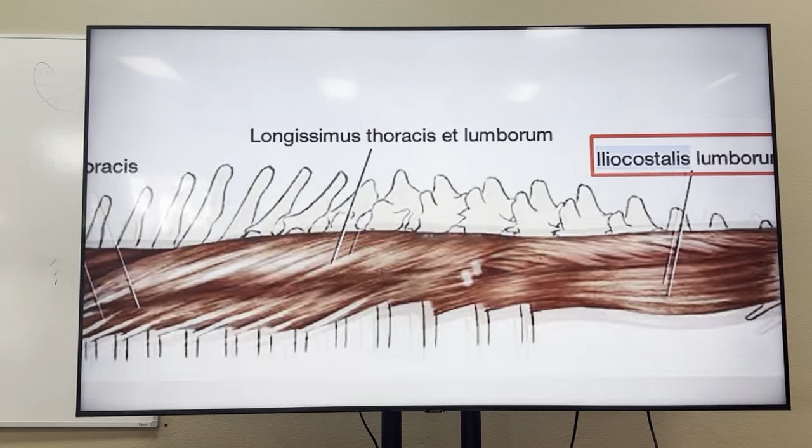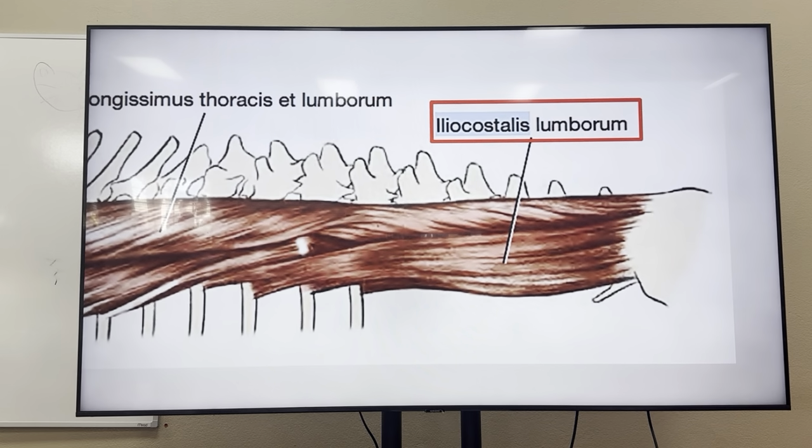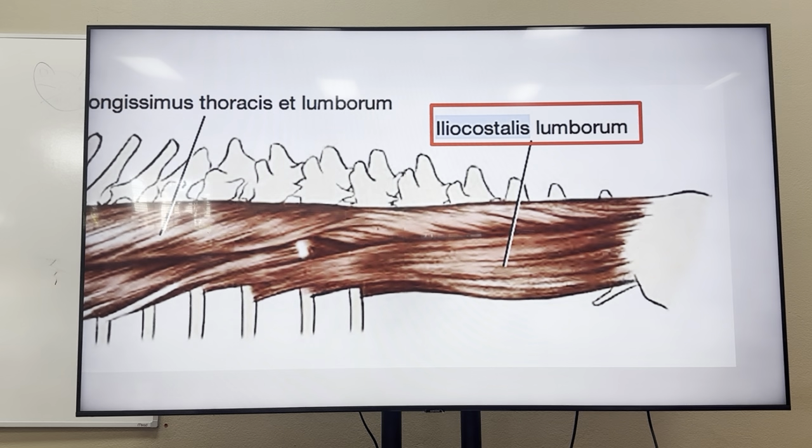During the dissection, I have seen a lot of students trying to separate these two muscles. Please don't do that. They are fused together. The only demarcation or point of separation between these two muscles is a groove or area of depression between them. So you don't separate them. Their muscle fibers are fused.